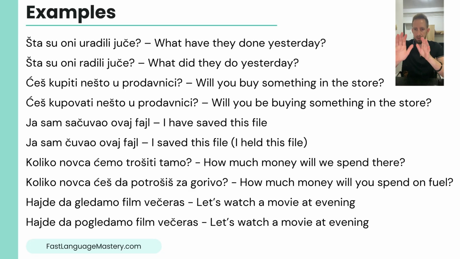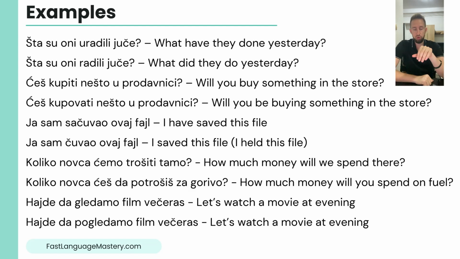But literally, more correctly to translate, I held this file or I was holding this file. Even more correctly, I was keeping this file, for example, on my computer. Yes, čuvati can also mean to keep, by the way. It would be more correct to translate this as I kept this file or I was keeping this file. Process of action.